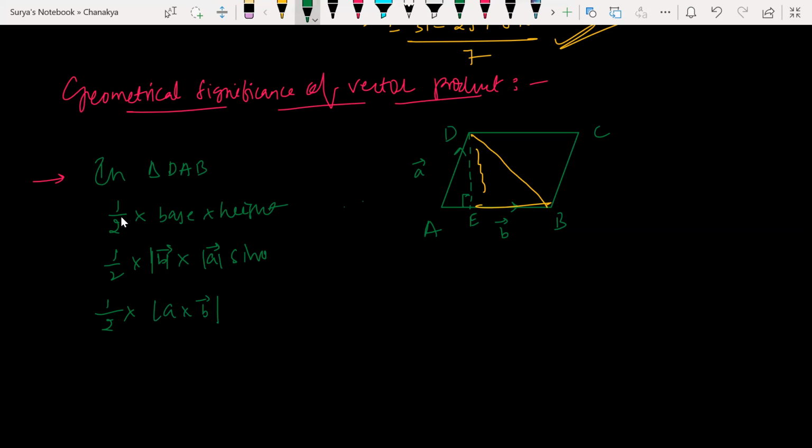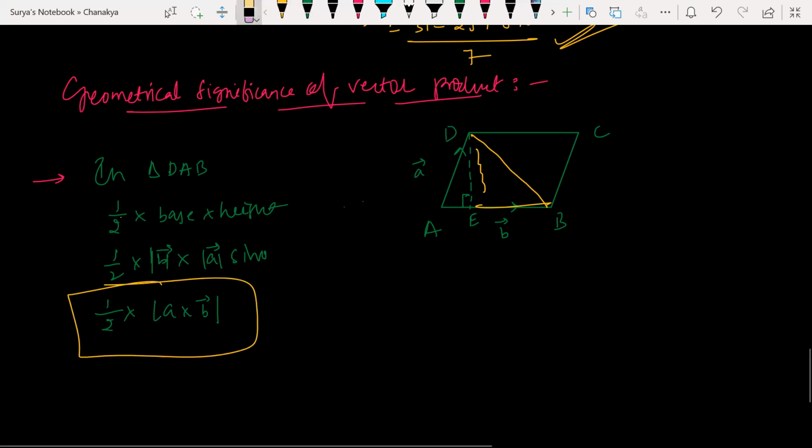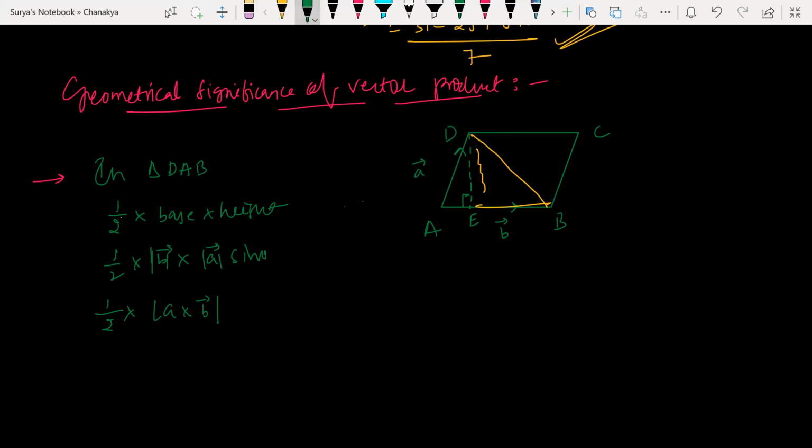I'm asking you for the area here. This is what the area gives me. This is going to be a scalar quantity. I'm talking about the area here. This is what we'll get.